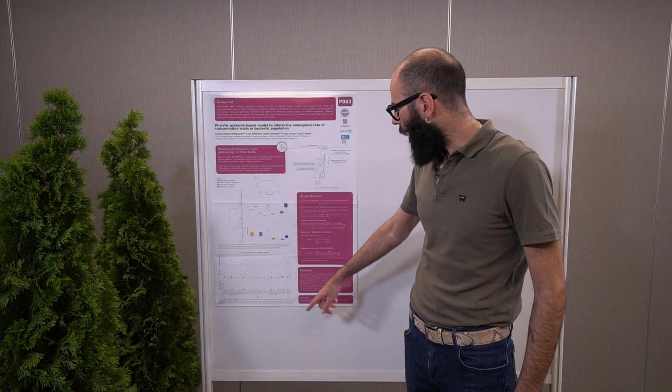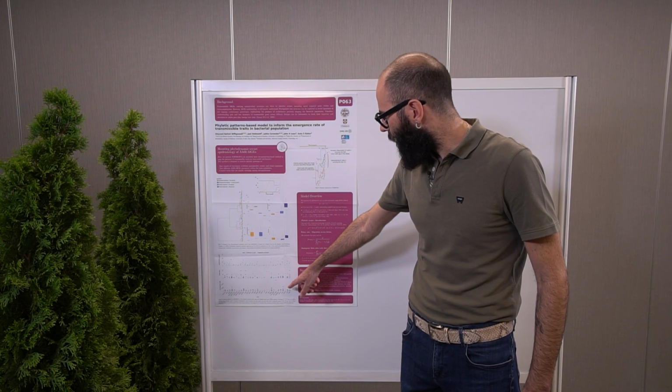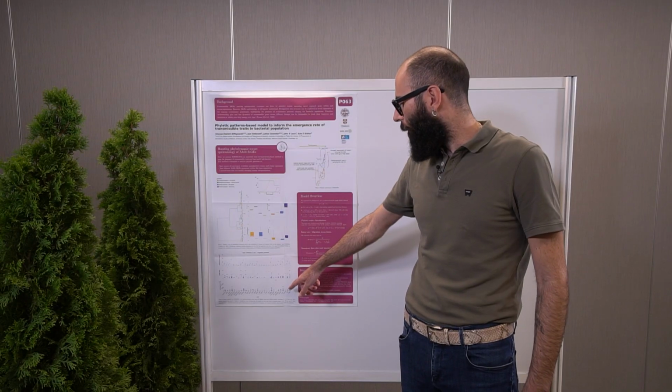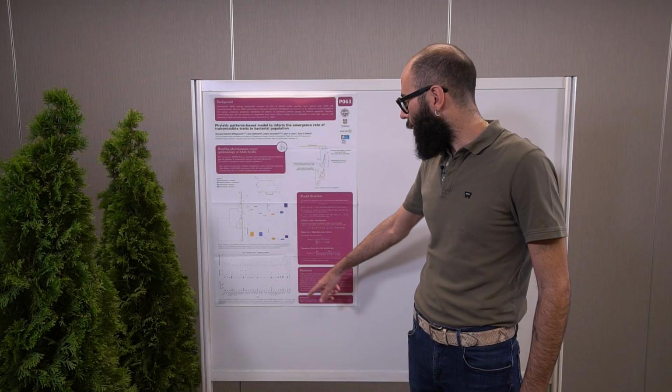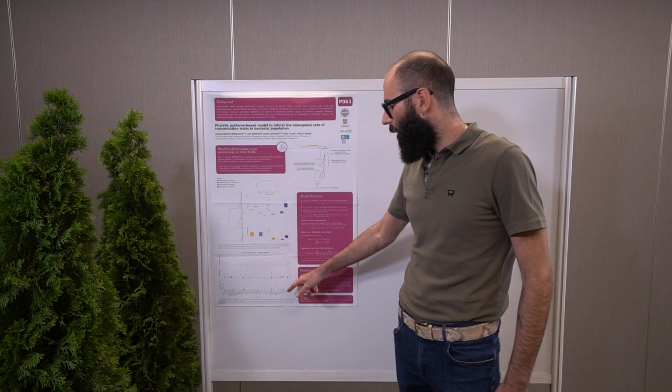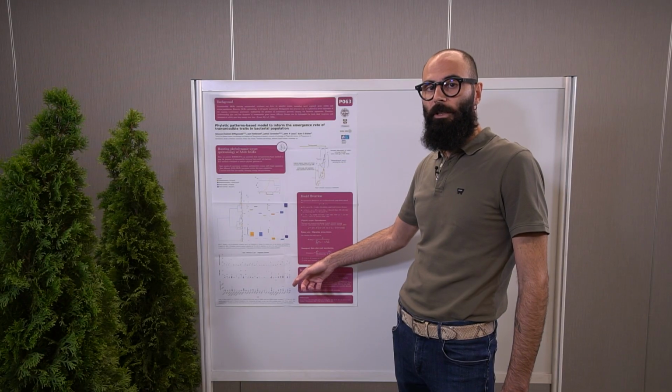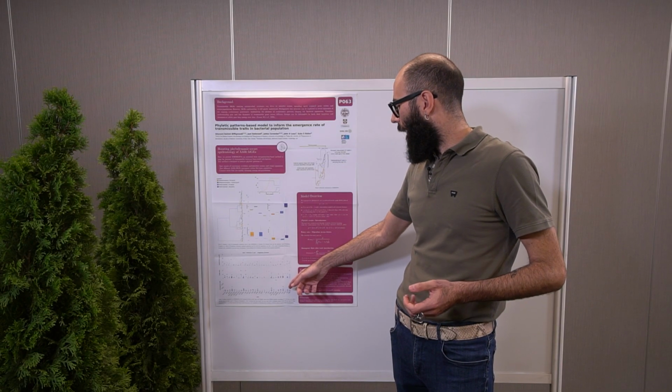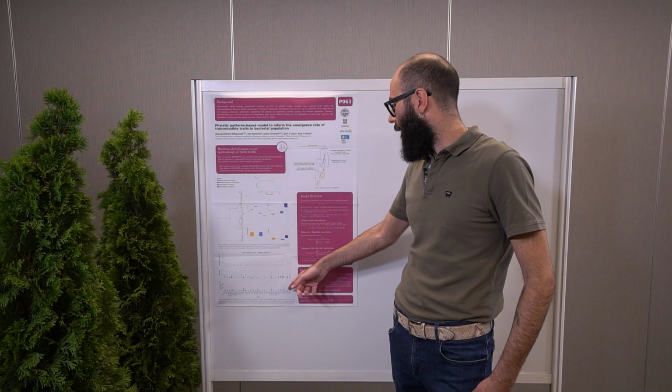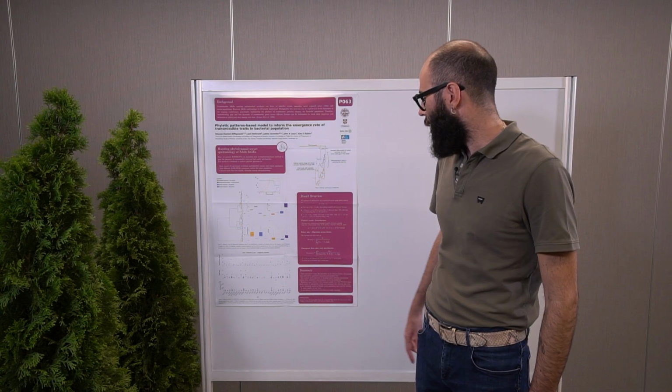So this means that the method was reliable to predict this kind of spread. Also, qnrS, which is responsible for ciprofloxacin resistance, was already shown in Shigella to have spread over recent years.